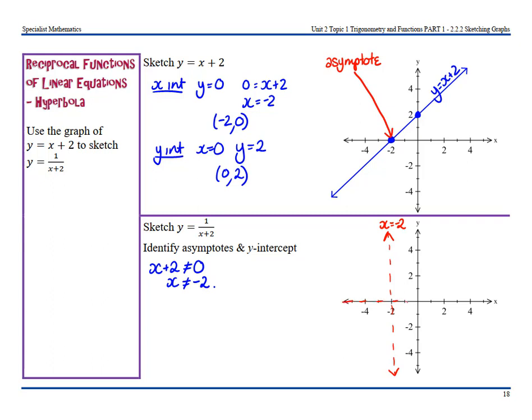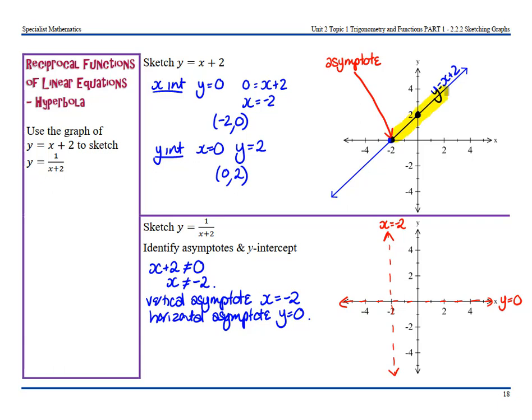We also have our horizontal asymptote at y equals 0. So we have our vertical asymptote at x equals negative 2 and a horizontal asymptote at y equals 0. Now, from the x equals negative 2 to the right, we are above the x-axis.